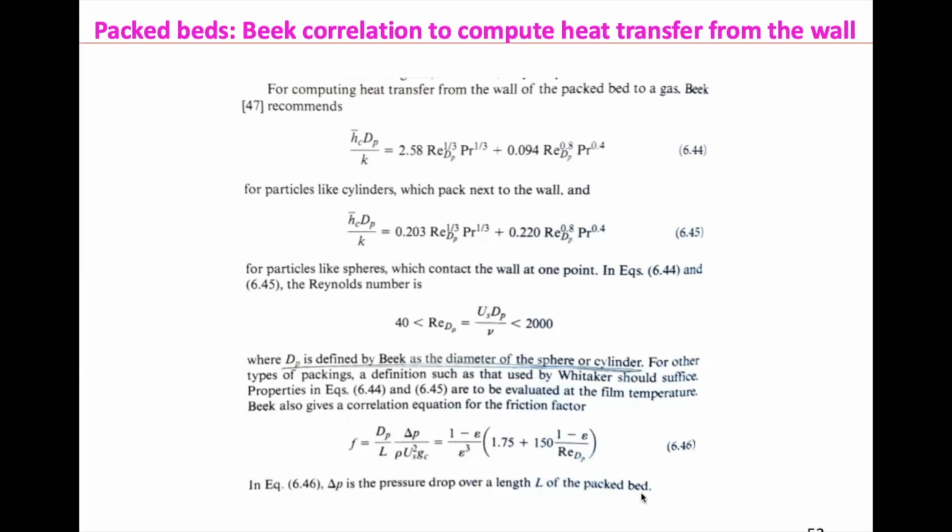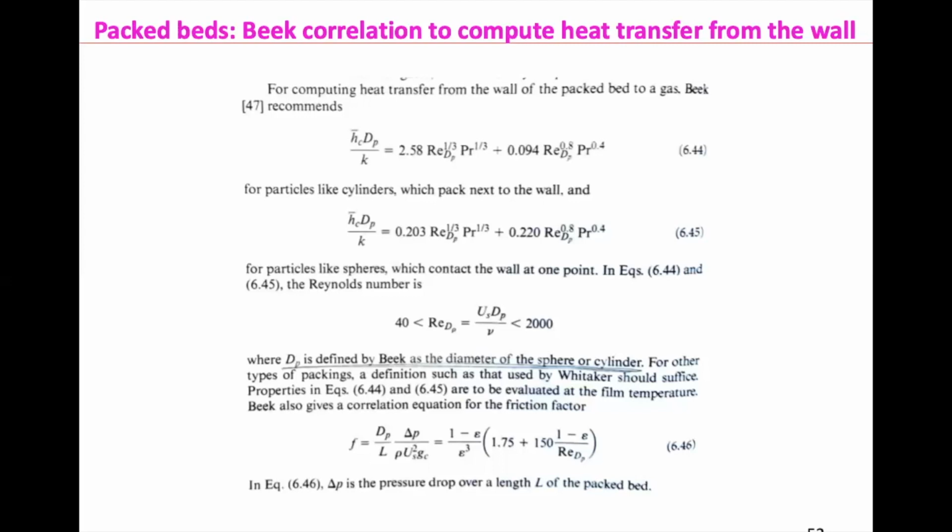As you can see, the Beek, the Whitaker, and the Upadhyay equations should be used very carefully, because they were developed for specific situations. Each of them defines the diameter of the particle differently, and sometimes the Reynolds number, based on the experiment.